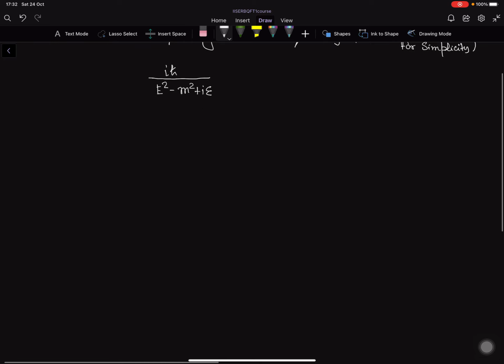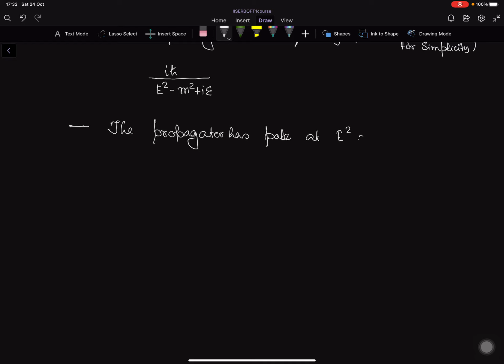Note that the propagator has a pole at E squared equal to m squared minus i epsilon.